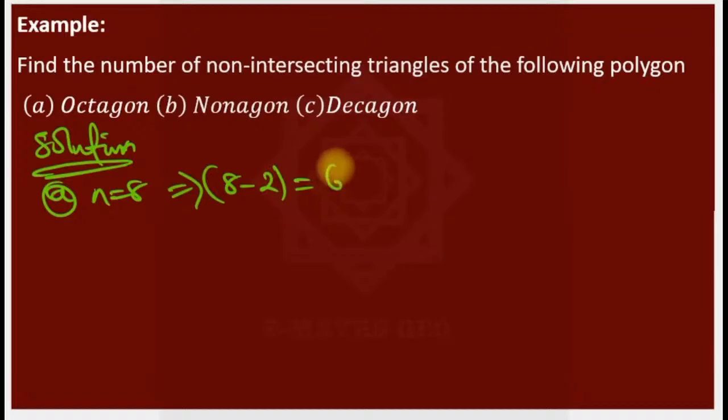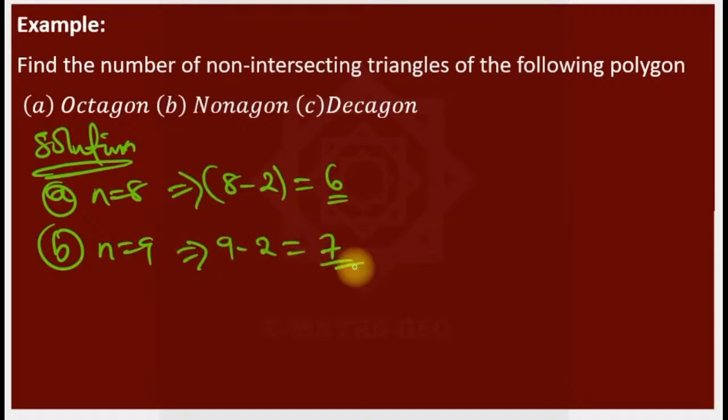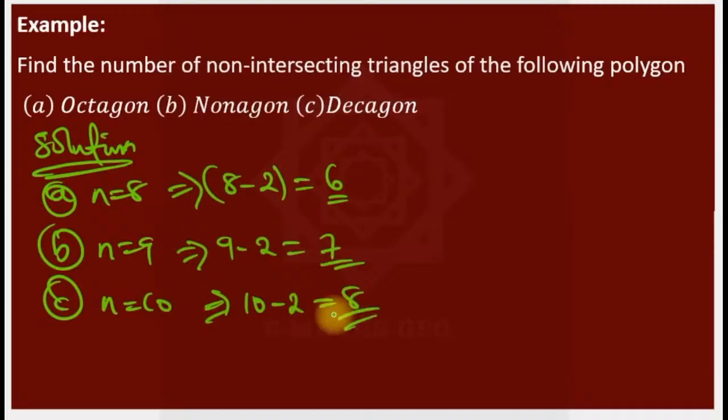So we have 6 non-intersecting triangles. While the second one, nonagon, is 9 sides. So it will have 9 minus 2, which is 7 non-intersecting triangles. And finally, decagon is 10 sides. So we have 10 minus 2, which is 8 non-intersecting triangles.